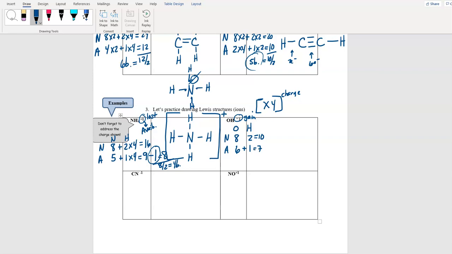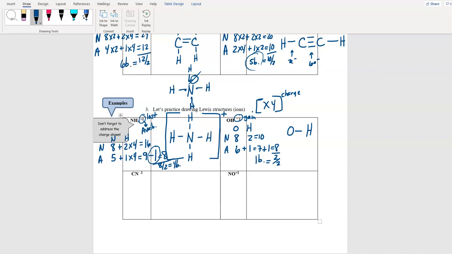But remember, I gained an electron. So I have to add an electron to my structure, and there's my even number. Subtract 2, divide 2. There is one bond only. All I got is an O and an H. There's my hydroxide. O and H. Remember, don't put the H first. There is none of those in chemistry.